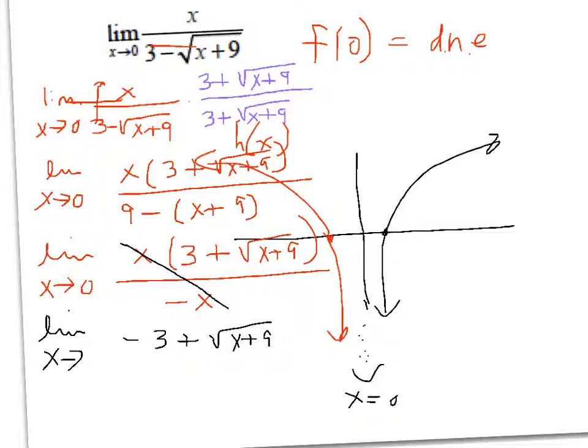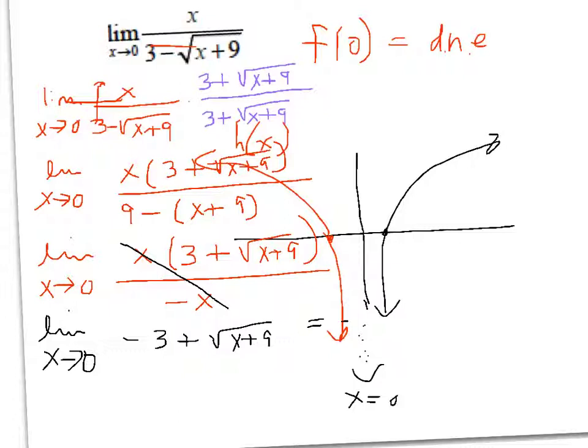Well, now this is a function that I could draw pretty easily if I wanted to, but I can picture in my mind that it would be a continuous function for certain values. I couldn't put anything less than negative 9, but 0 is not less than negative 9. So we're going to plug it right in.